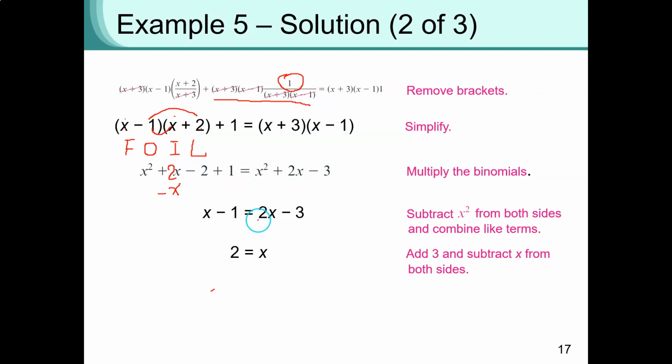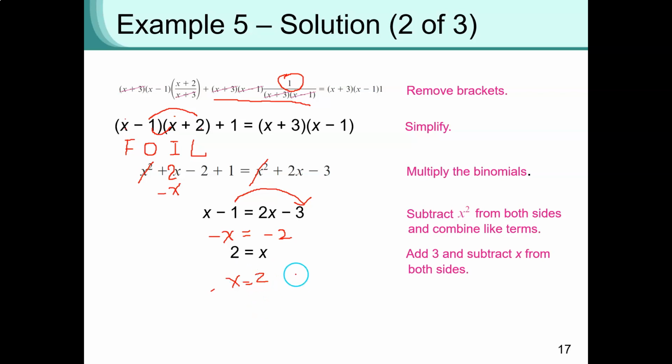And then combine like terms. X squared cross out. Here you will have the 1x minus 2x, you will get a negative x, right? When I bring the negative 1 to the right hand side, it turns to the positive 1. So here you will have negative 2. Divide by negative 1 on both sides, you will get x equals 2.